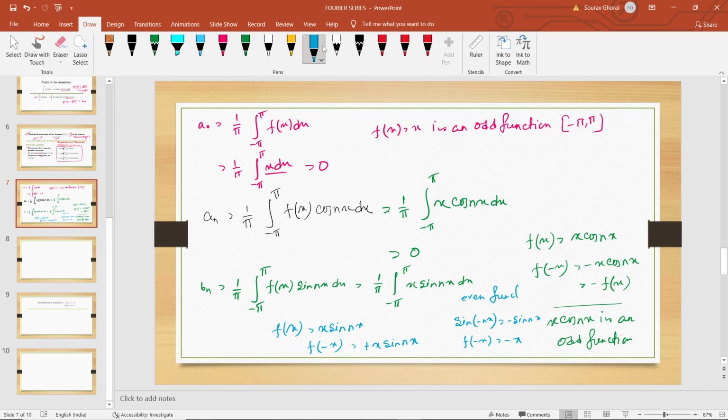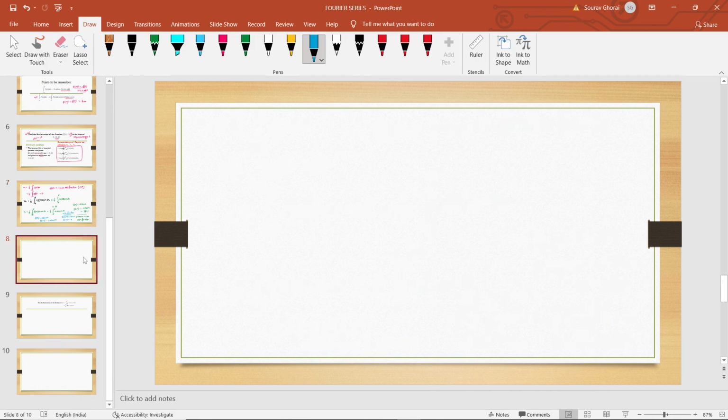So here we will use the property of even function. Now I'm just going to the new slide, where bn is equal to, we can write, 2 by pi integration 0 to pi x sin nx dx. So now we have to integrate it by using integration by parts.